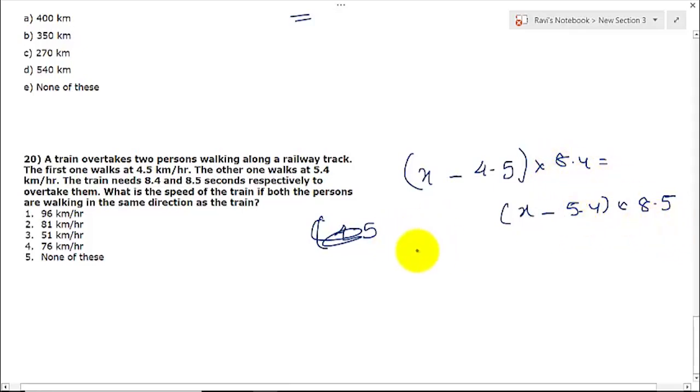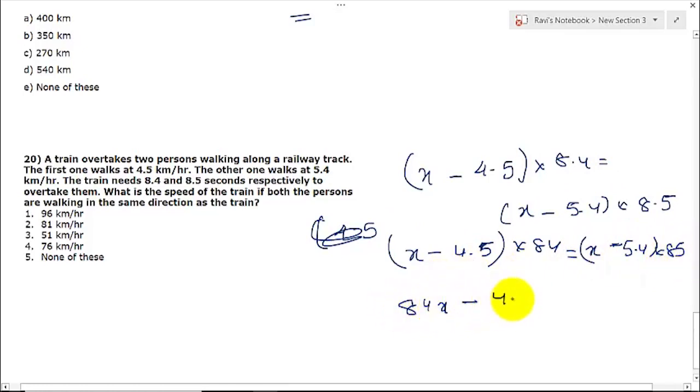How we are going to simplify it? x minus 4.5, we write 8.4 as 84, and x minus 5.4, we'll write 8.5 as 85. Let us solve this now. 84x minus 4.5 into 84 is equivalent to 85x minus 5.4 into 85.